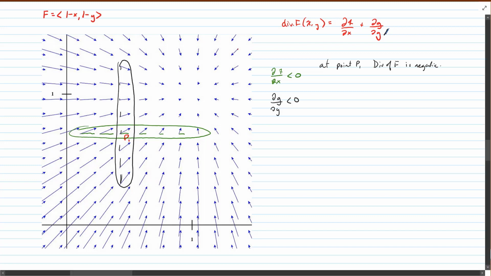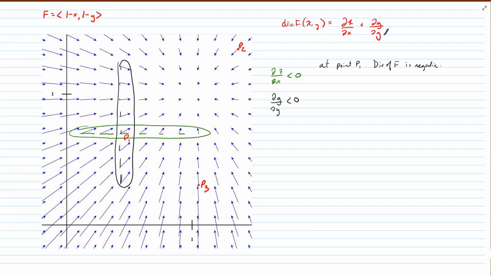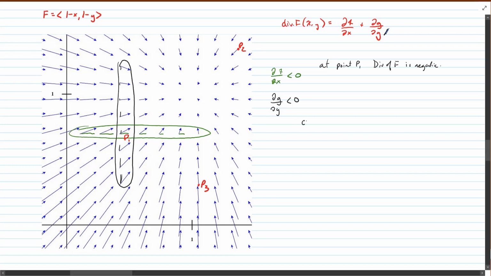That is, you could do that same analysis at any other point, right here, for instance, P2, right here, for instance, P3. Of course, the pictures are a little bit harder at some of these other points. The reason why is because if we actually do the computation for the divergence of the entire field, we would have that the divergence of f at the point xy is simply, well, the partial derivative of the first component function with respect to x is -1, and we're going to add to that the partial derivative of the second component function with respect to y, which is -1, which gives us the divergence everywhere being -2.